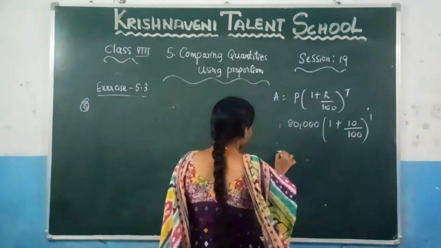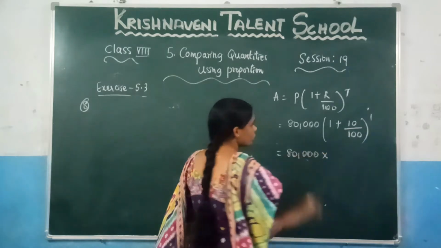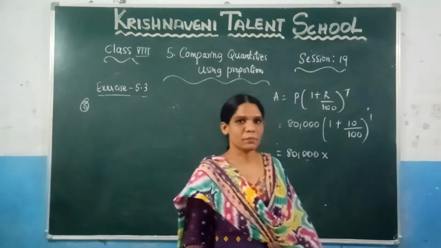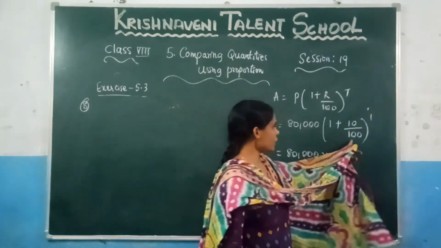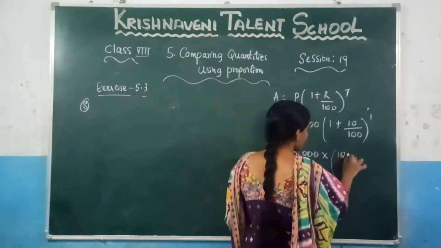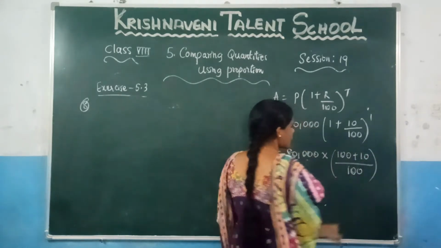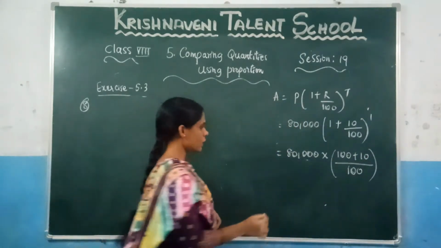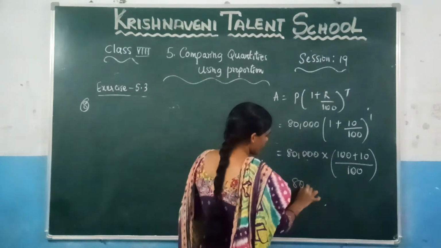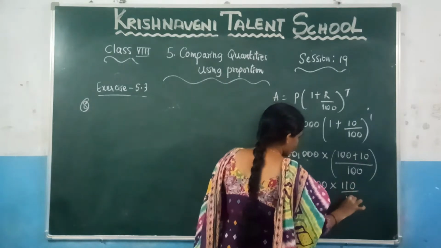So here after solving, what you are getting here: 80,000 into, now you can take the LCM, 100 into 1 which gives you 100. So you will get here 100 plus 10 by 100. What is the value of 100 plus 10, which is 110? You will get here 80,000 into 110 by 100.